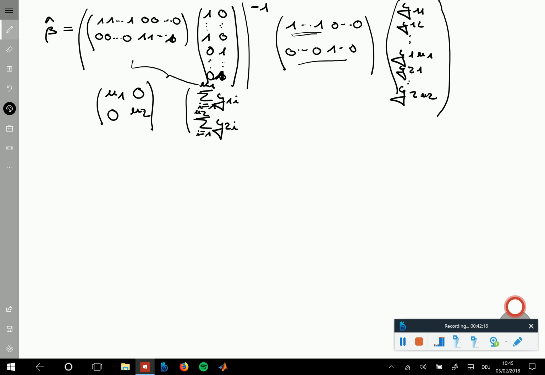And here, of course, you still need to invert this matrix. So what's the inverse of this diagonal matrix? Exactly.